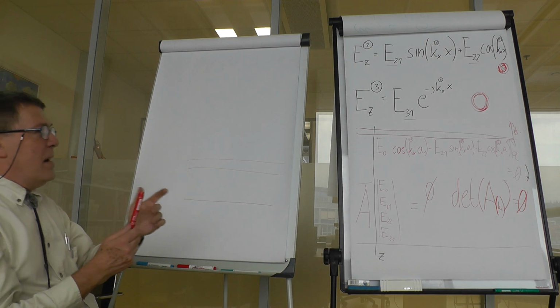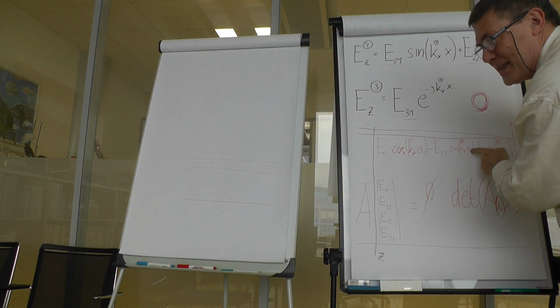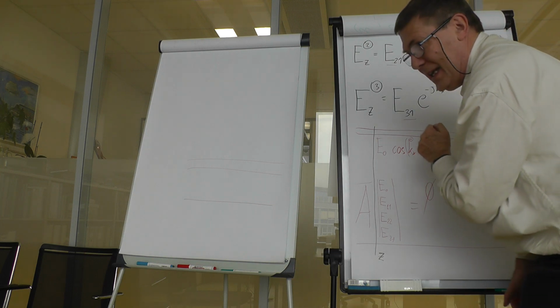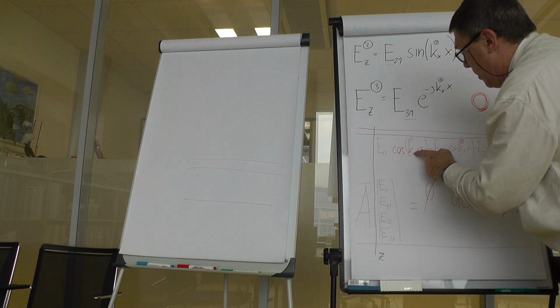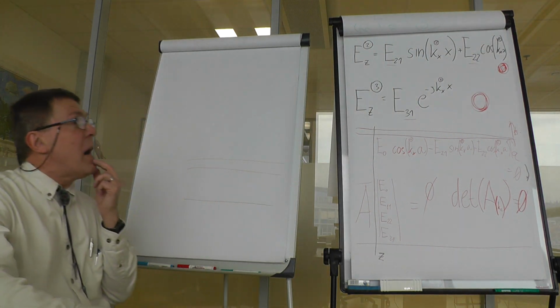And you have to care about one problem. You have seen sines and cosines, but kx might be a big number and has a big real, or can have a big imaginary part.